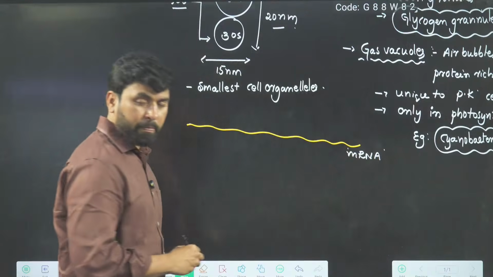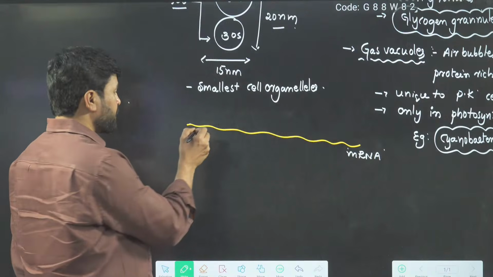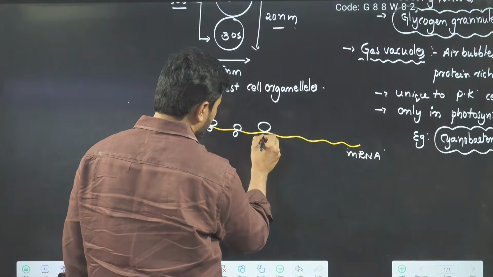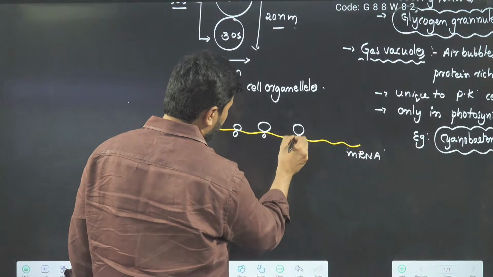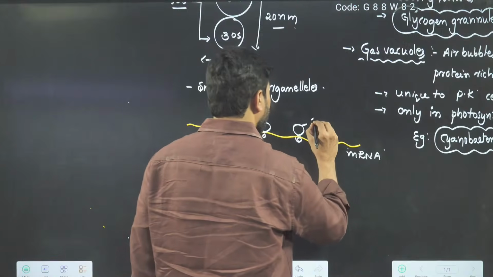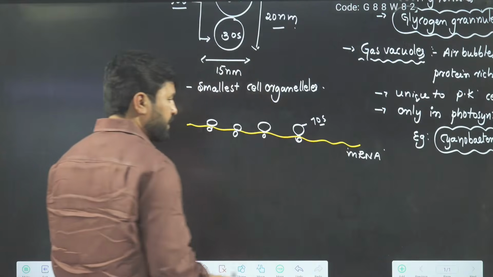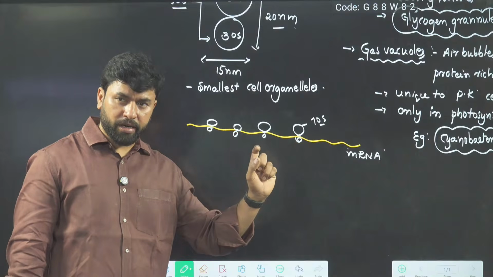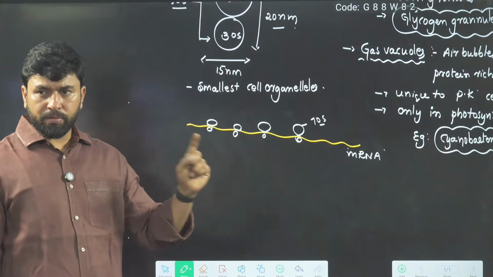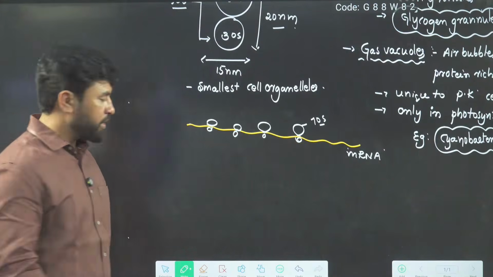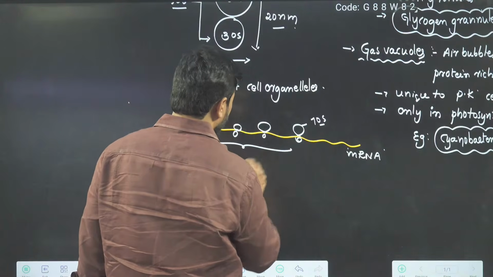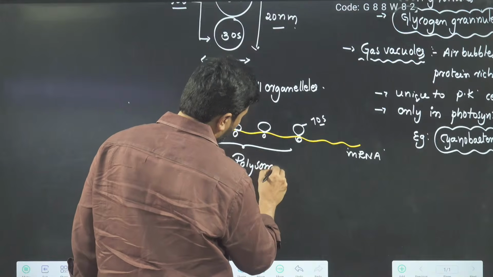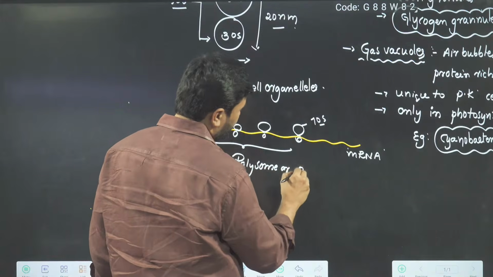On one mRNA, several 70S ribosomes will join. Many 70S ribosomes get attached to a single mRNA. Many ribosomes on a single mRNA, this condition is known as polysome or polyribosomes.